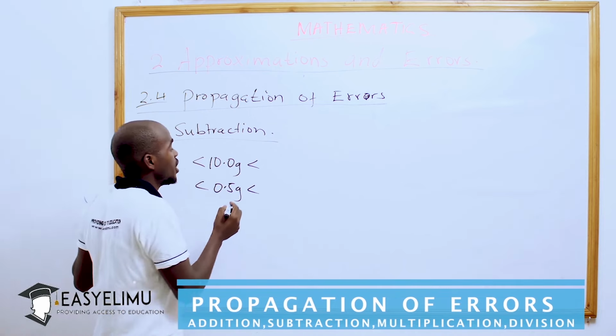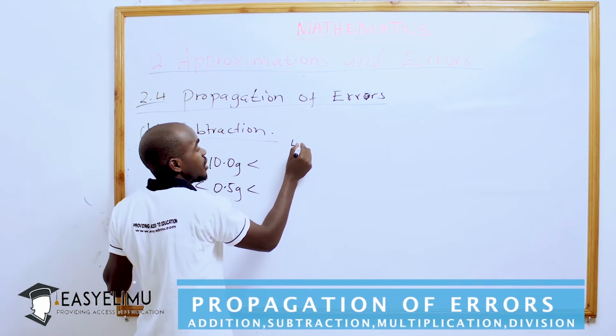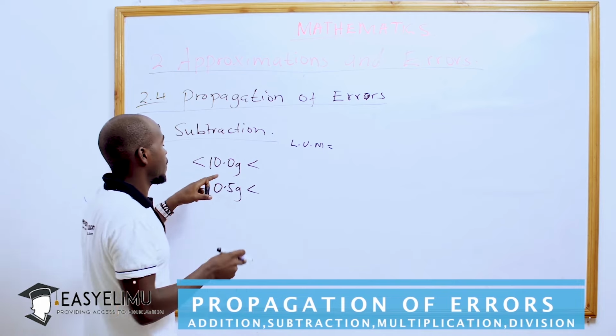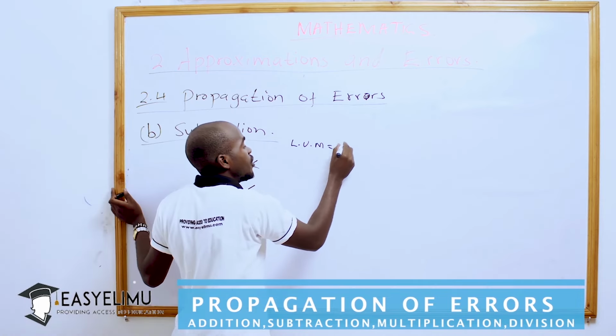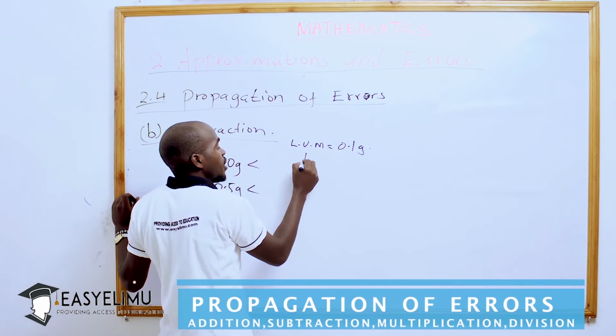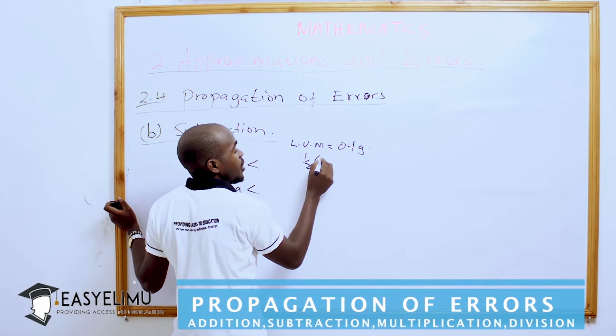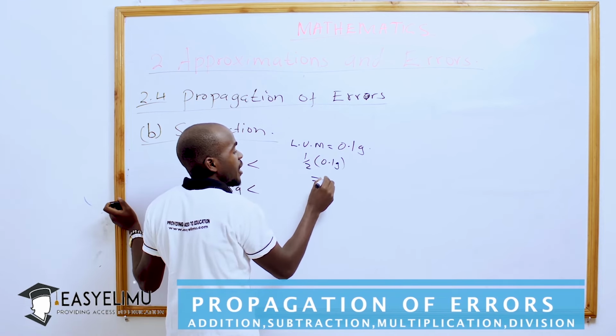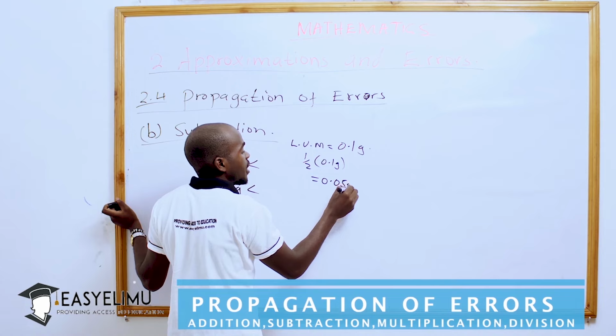So we need to find the least unit of measurement, and we shall find here, in both cases, it is 0.1 grams. So the absolute error is a half of that, a half of 0.1 grams, and we shall find it is 0.05 grams.